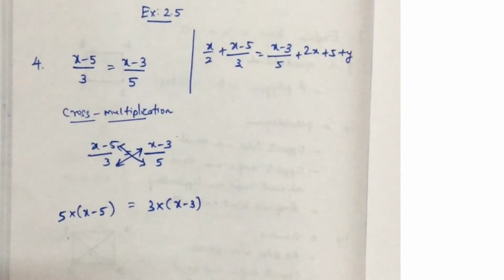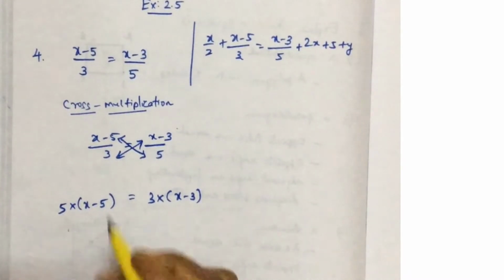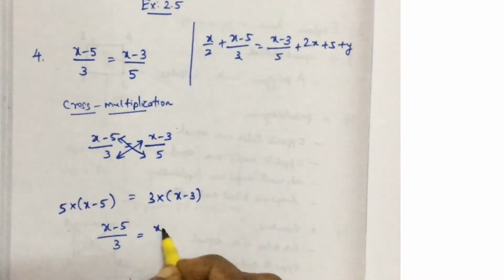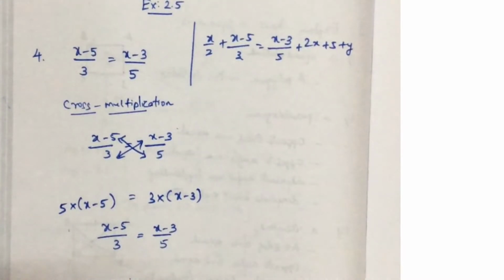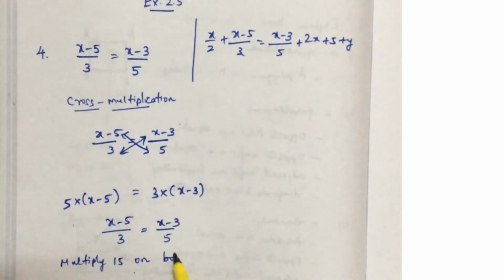Now you may get a doubt whether it is correct or not. Let me check this. Take the question as it is, (x − 5)/3 = (x − 3)/5. Now I am going to multiply 15 on both sides.